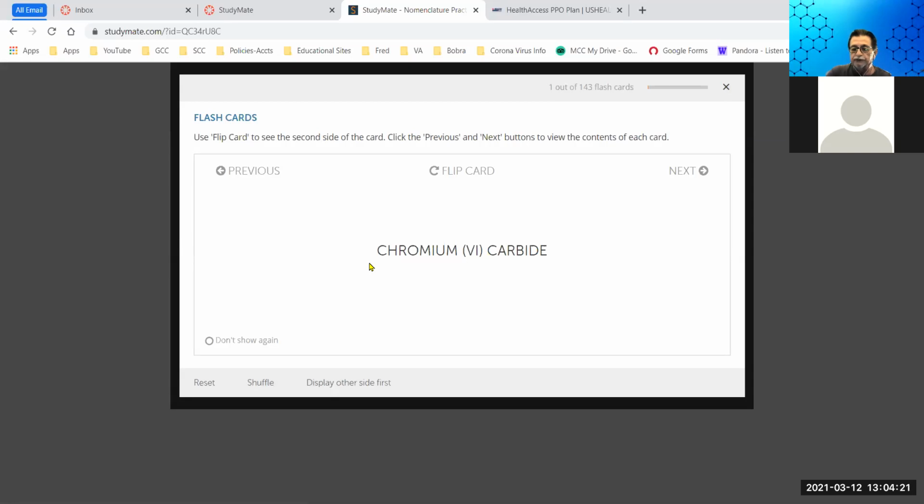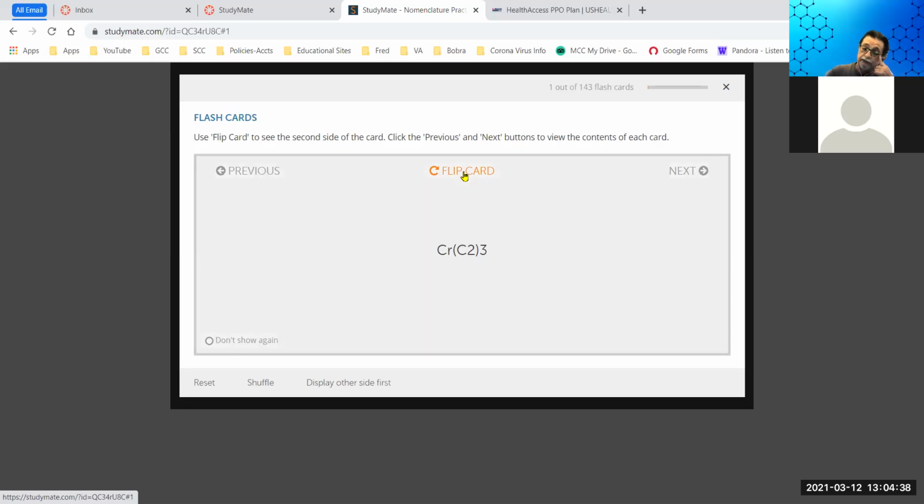The flashcards are straightforward. There are 143 compounds. For example, you get chromium 6 carbide, and what is being asked is, what is the formula? So you flip it around. You're working with chromium plus 6, and carbide has a negative 4, so you need to come up with a combination for the formula.